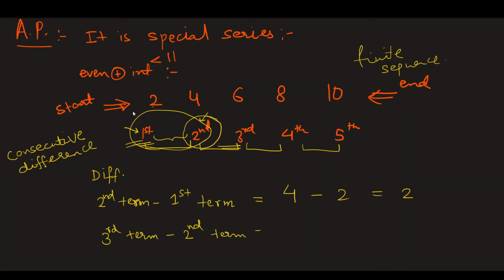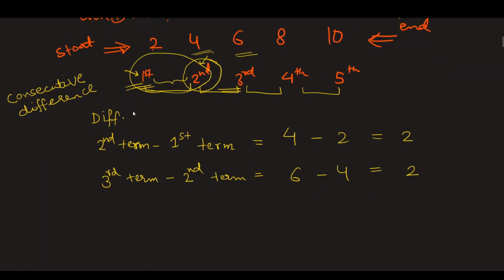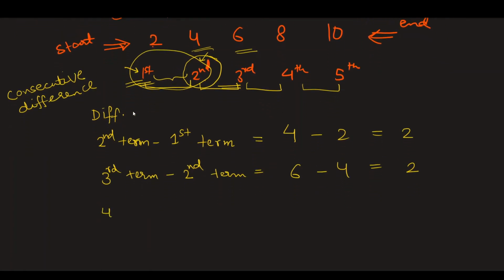What's this difference? The third term is 6, and the second term is 4. So 6 minus 4 is 2. Then what is the difference between fourth term minus third term? The fourth term is 8 and the third term is 6. So 8 minus 6 is again 2.